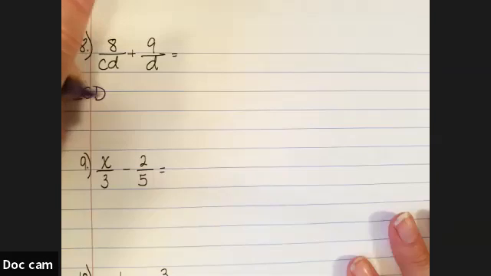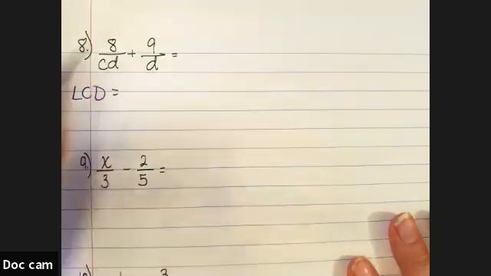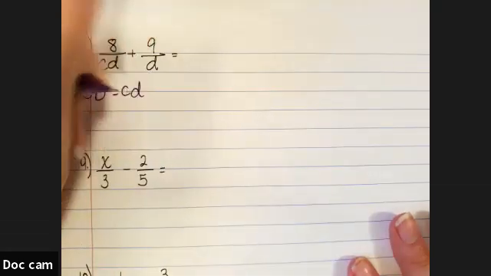So in this case, my LCD has to include all the factors of both denominators. So my LCD is CD. And that already takes care of this other D over here.